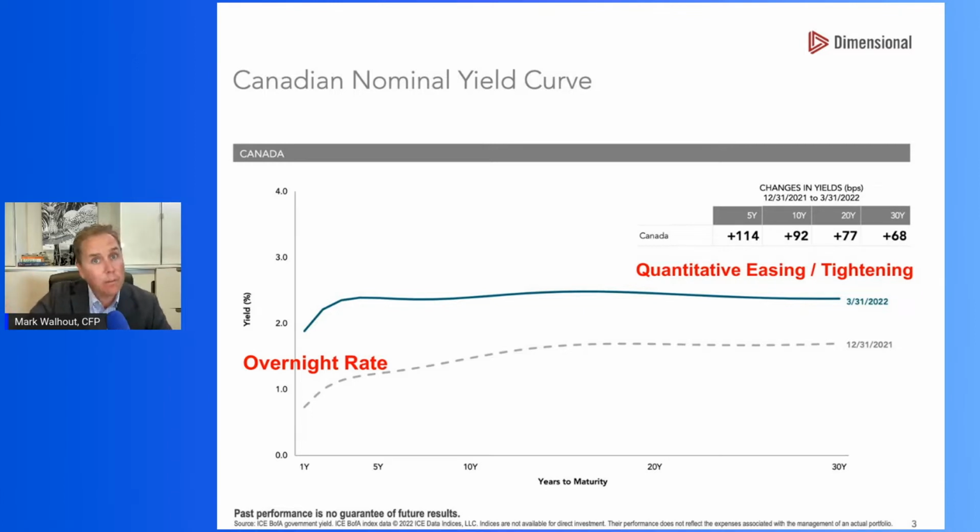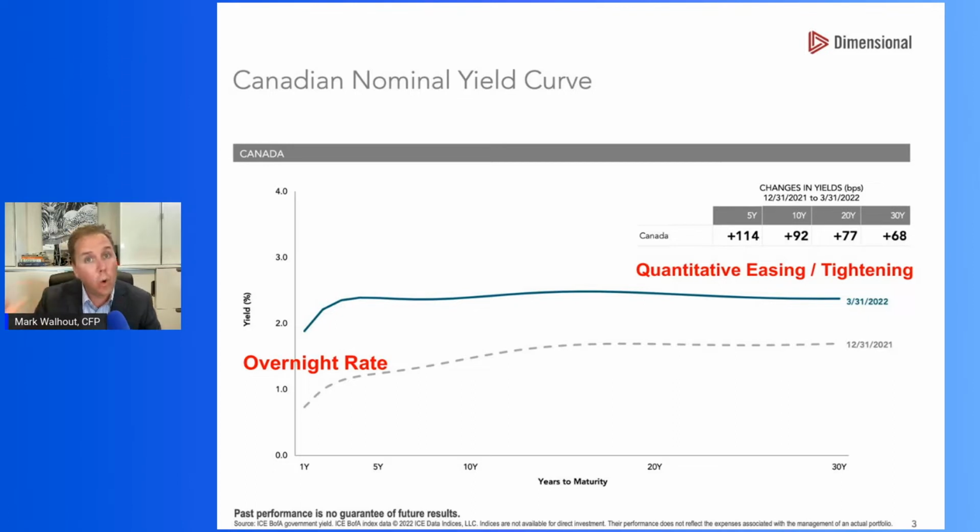More demand means higher price, and higher prices for bonds, as we've covered, means lower interest rates or lower yields. So quantitative easing is a fancy way of saying that the central bank of Canada became a really big buyer of bonds to keep pushing bond prices up and push longer term interest rates down.